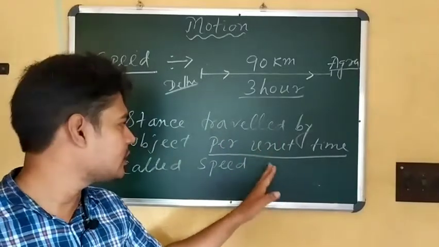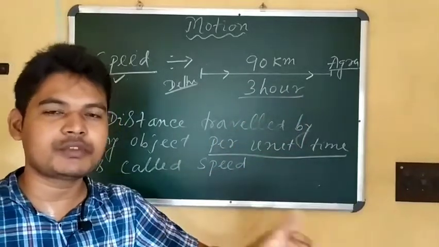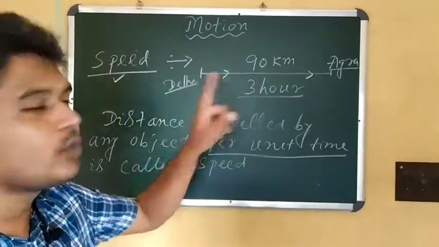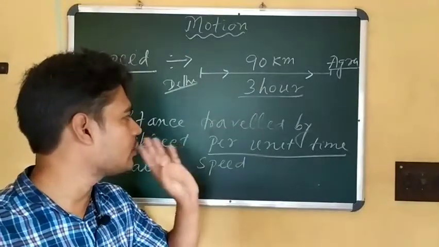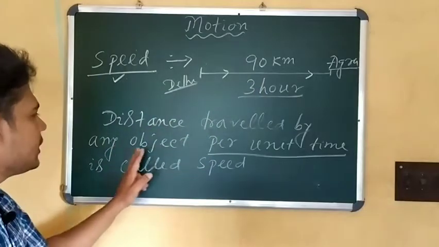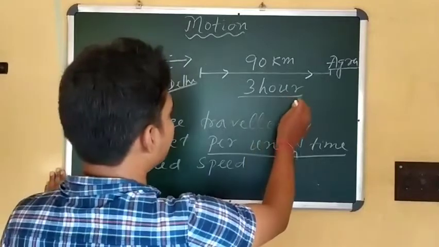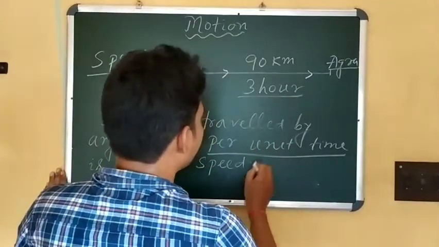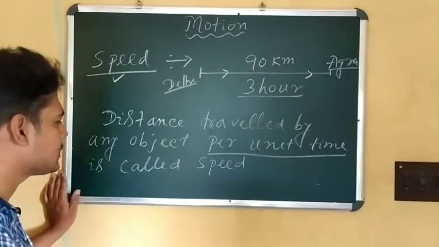Whatever the unit of time, hour or minute or second, so what will be the speed now? Distance traveled by any object per unit time. So here to find the speed, you have to divide 90 kilometers by 3 hours.